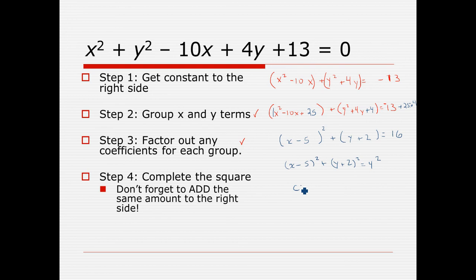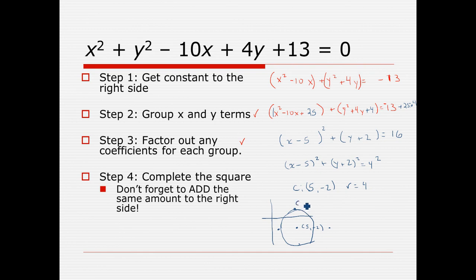What's my center? And what's my radius? Can you graph and label this? Five, negative 2. Up 4, down 4, right 4, left 4. This is an equal sign, so I just have a solid circle.